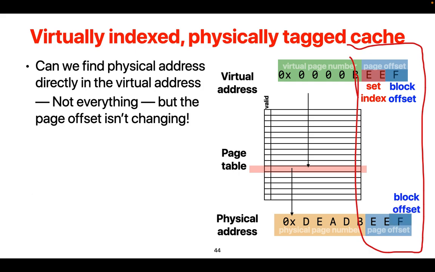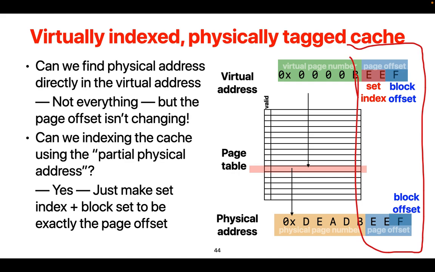Then, during this period of time, I perform the TLB lookup and compare the tag later on. That's the idea of a virtually indexed physically tagged cache: use the unchanging part of your virtual address as the index and block offset to access your cache, while the tag still stores the physical tag, so that I can reduce the translation overhead.